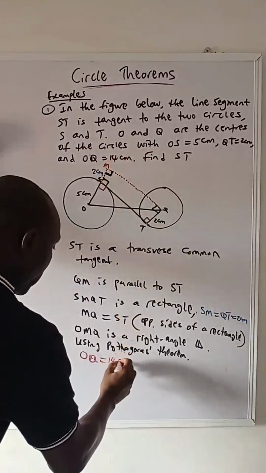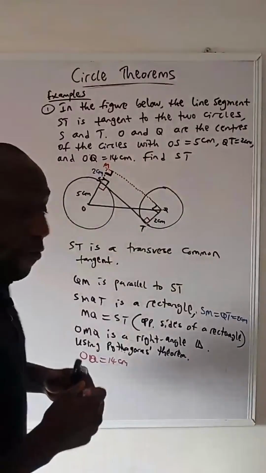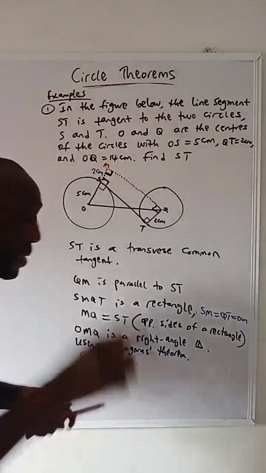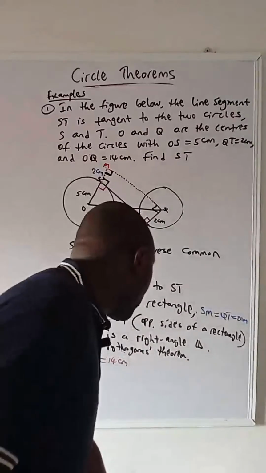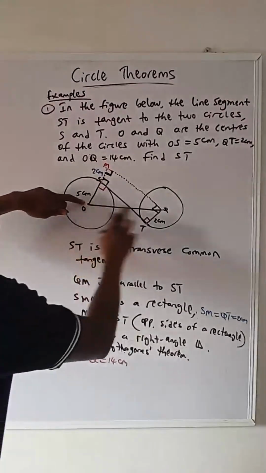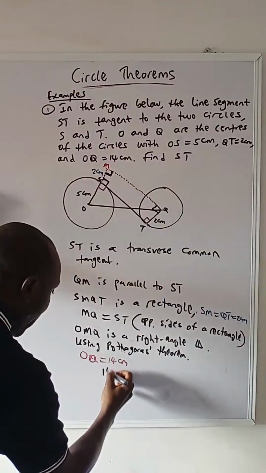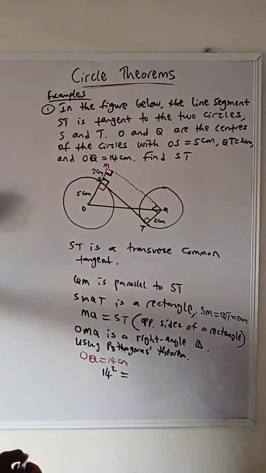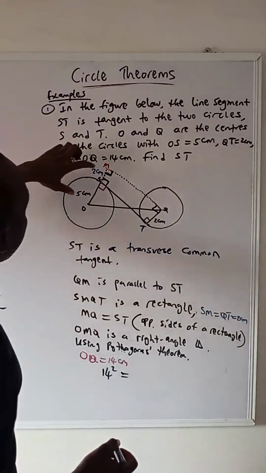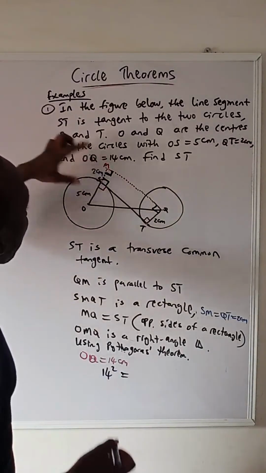14 centimeters. All right. And from Pythagoras theorem, the square of the longest side. What's the longest side? OQ. So I'll say that 14 squared is equal to OM squared. What's OM?